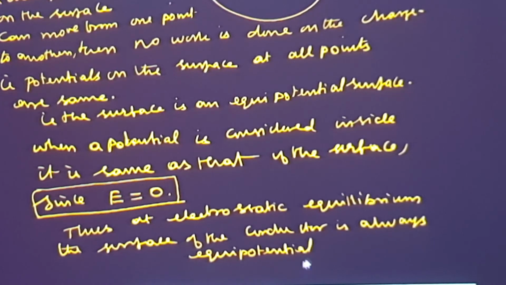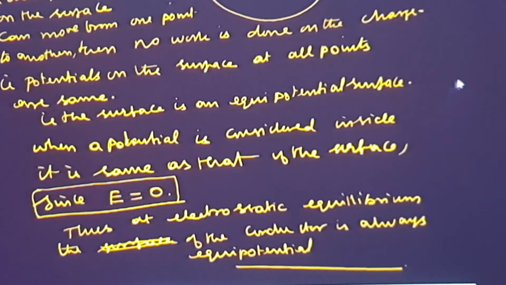It is not necessary that we say it is the surface, because both the surface as well as inside the conductor have the same potential. So we can say that the conductor is considered to have the same potential everywhere when the conductor is in electrostatic equilibrium.